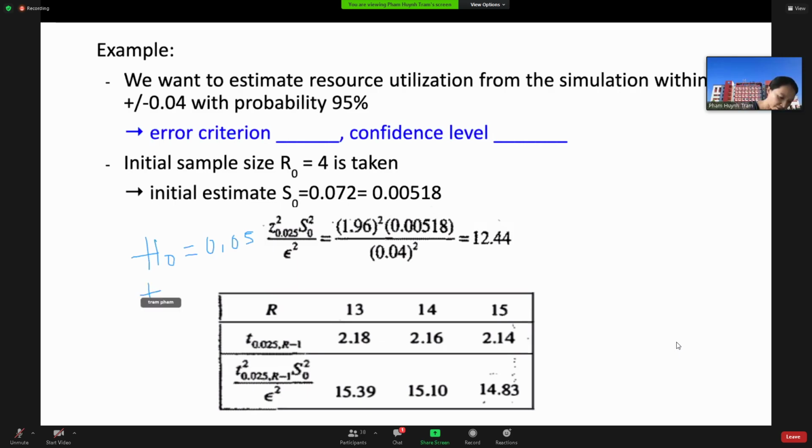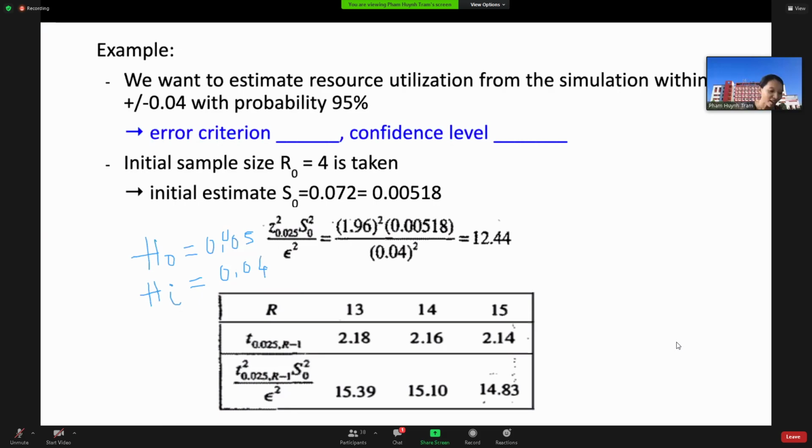So our Hi, 0.04, is larger than H0. In this case, the estimation using this equation is not good because it's too rough.